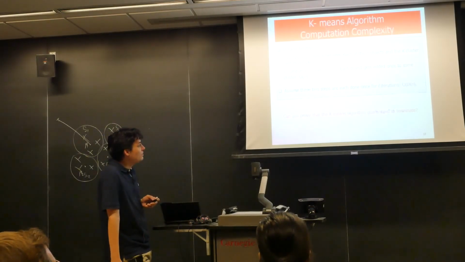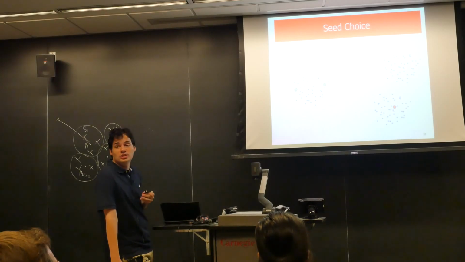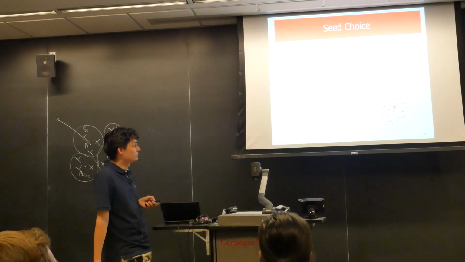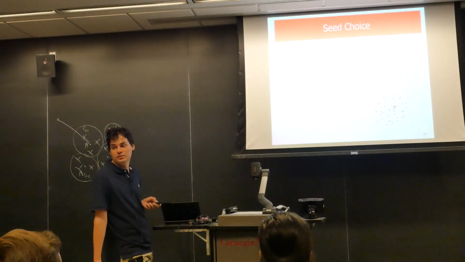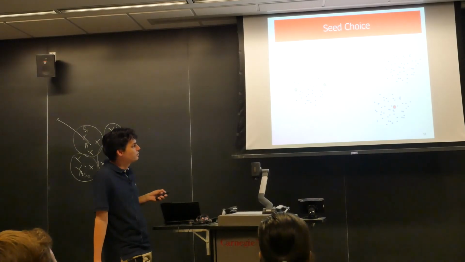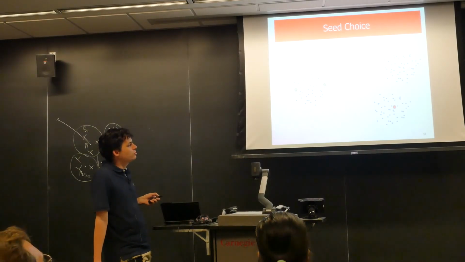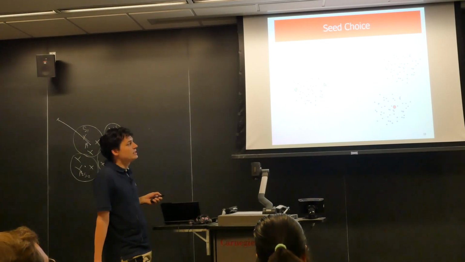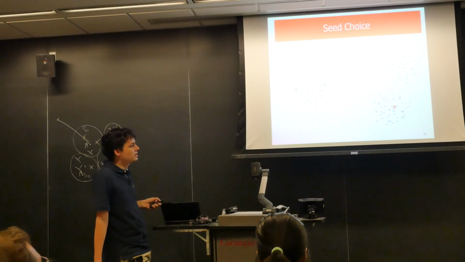Okay, so another important thing here is that we start from some randomly selected cluster centers that we call seeds. The algorithm is very sensitive to that. So for example, here is this problem. Apparently, if I ask you to find 3 clusters here, then ideally you would say 1st cluster, 2nd cluster, 3rd cluster.